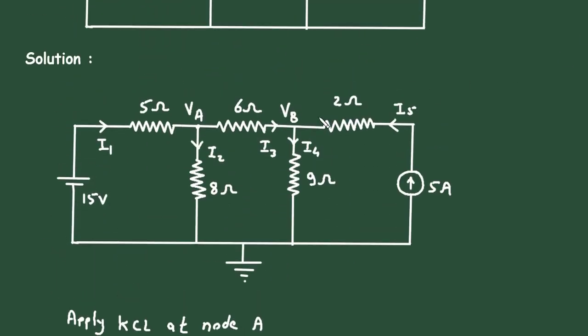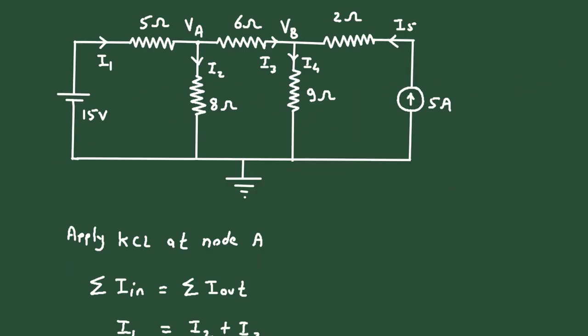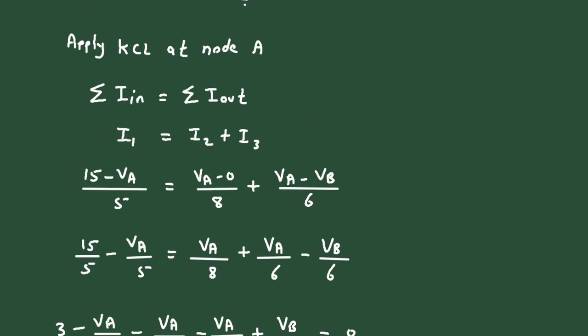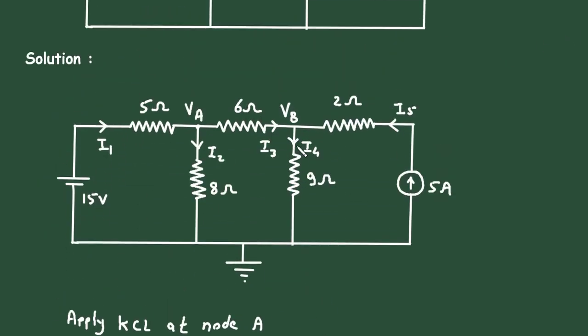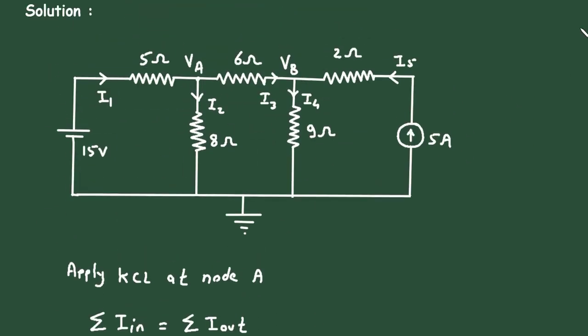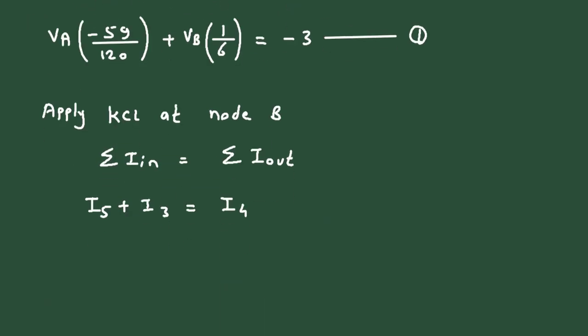At this node B, the entering currents are I5 and I3, so I5 plus I3 is equal to the leaving current, I4. The value of I5 is 5 ampere, because this is a current source.